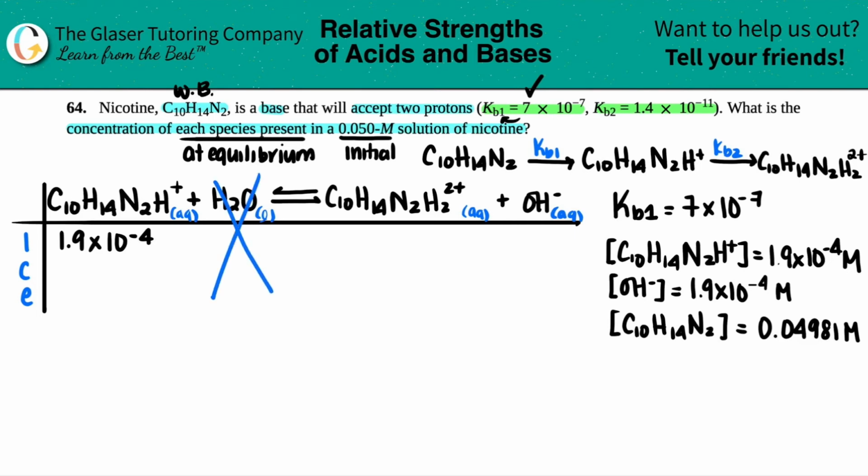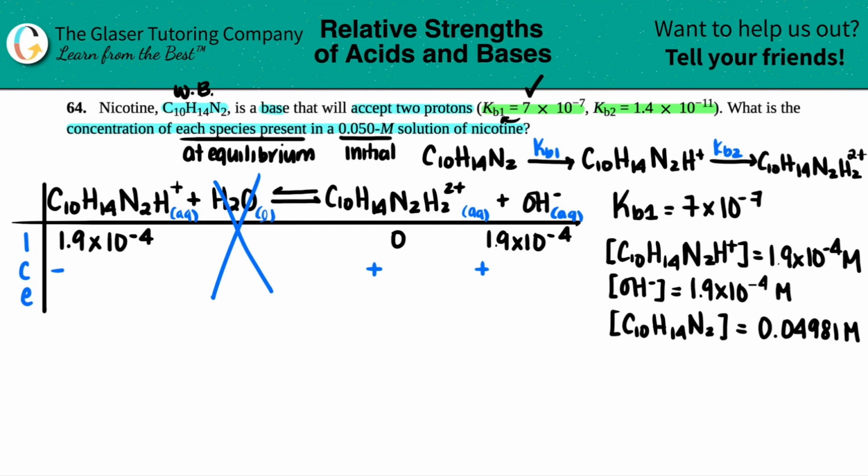And just like before, we didn't start now with any of this. So that's 0, but we did start with OH minus. Now we have OH minus. That's also 1.9 times 10 to the negative fourth. So I'm going to add that in. Same thing as last time. You can only go up from 0. So if you spot a 0 initial, the products are going to be positive, because that's where the initial is, and the reactants are going to be minus.